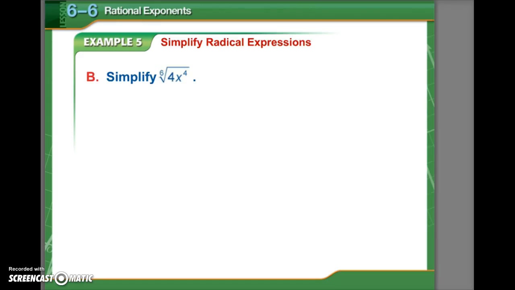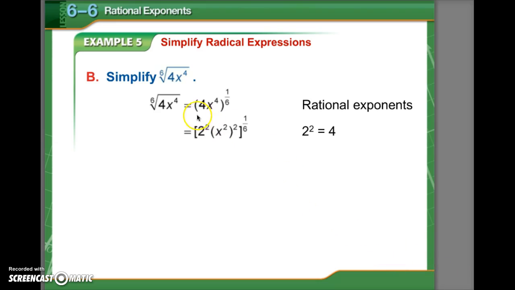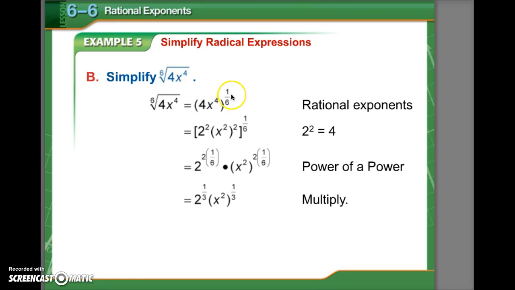All right, for part B, we have the sixth root of 4x to the fourth power. So this time again, we're going to take 4x to the fourth, and we're raising that to the 1/6 power, changing the sixth root to the 1/6 power. And we're going to rewrite 4 as 2 to the second, and x to the fourth as x to the second power to the second power.